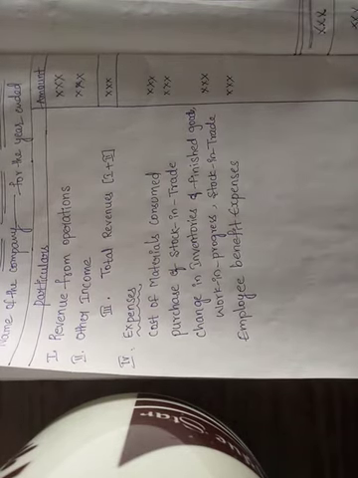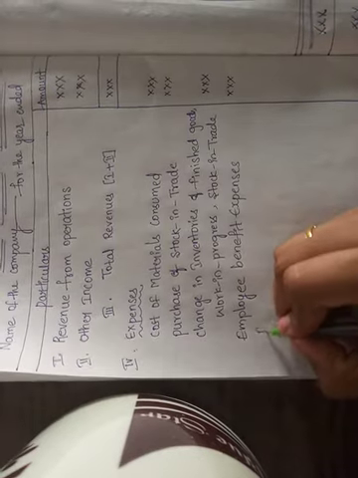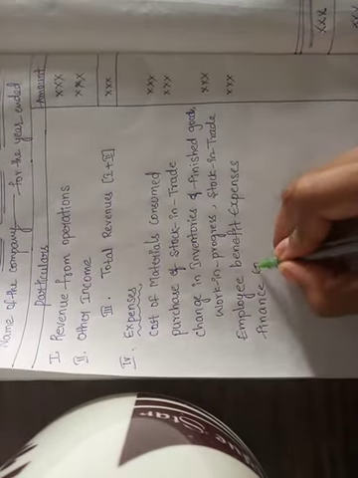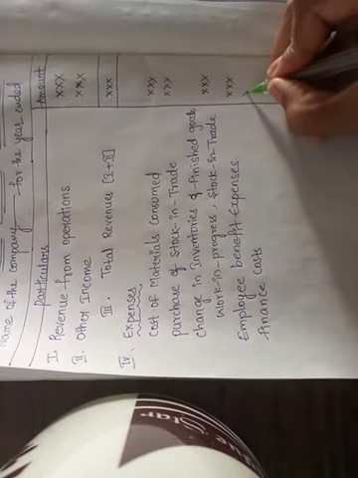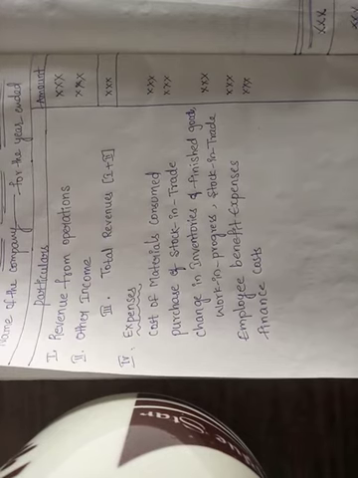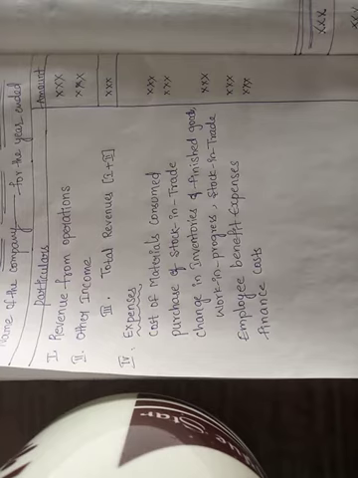The next is finance costs. Under finance costs is interest on debentures. When a company borrows from the public, that is one type of debenture, and the company will pay some interest.